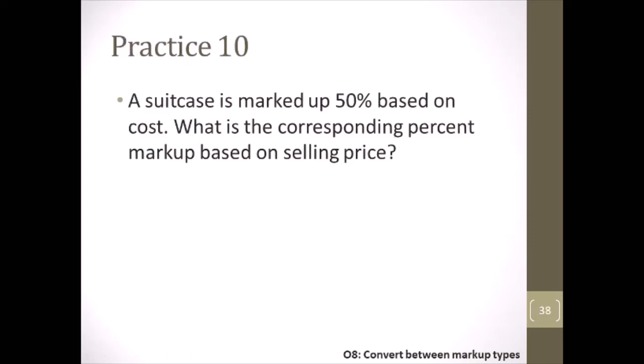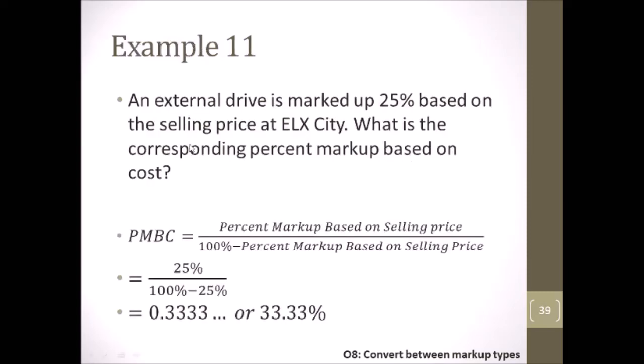For your practice, and the other formula, an external drive is marked up 25% based on the selling price. What is the corresponding percent markup based on cost? So by substitution, 25% over 100% minus 25%. And the result is 33.33%.